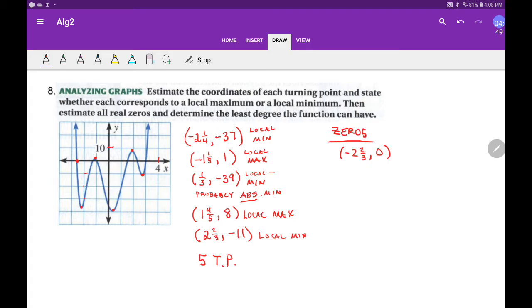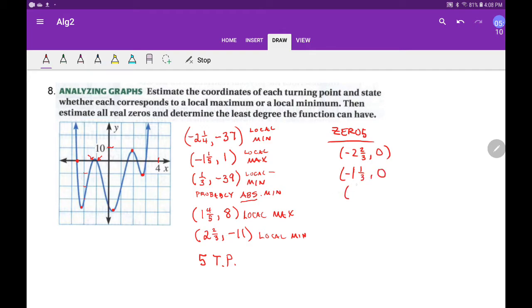Let me erase that red dot because it gets in the way of me seeing this. There are 2 here, because this thing goes above the x-axis. So there are 2 real close together here. We shall say negative 1 1/3.